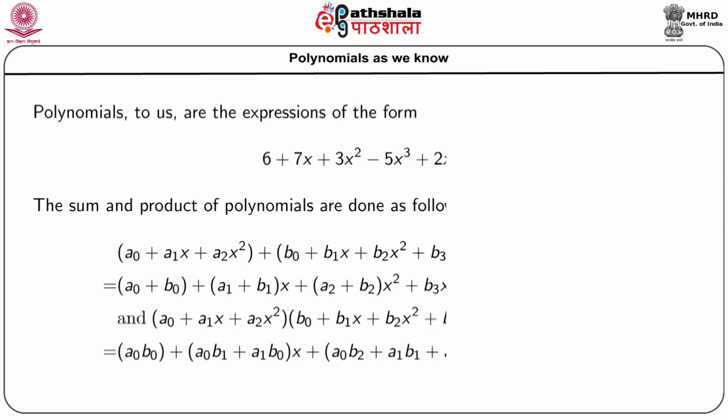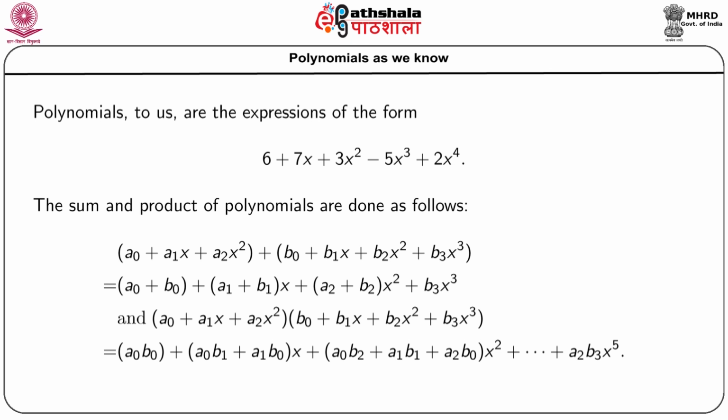Before coming to the formal definition of polynomials, let us review what we know by a polynomial. Polynomials to us are the expressions of the form 6 plus 7x plus 3x square minus 5x cube plus 2x to the fourth.